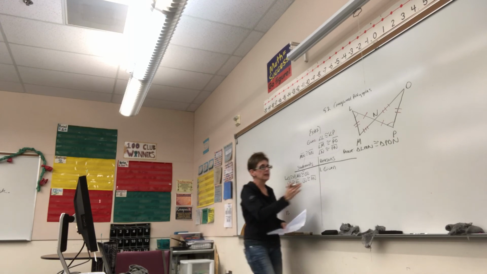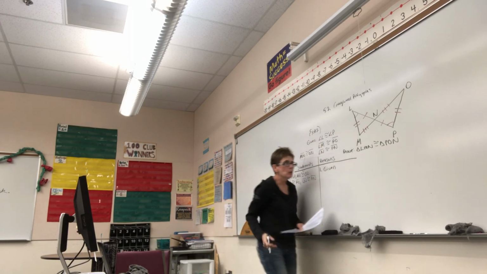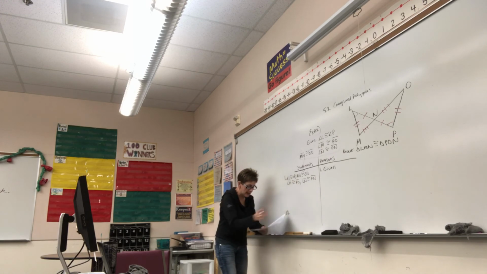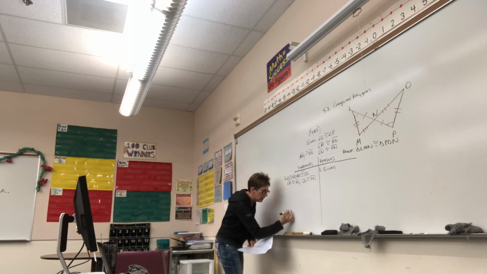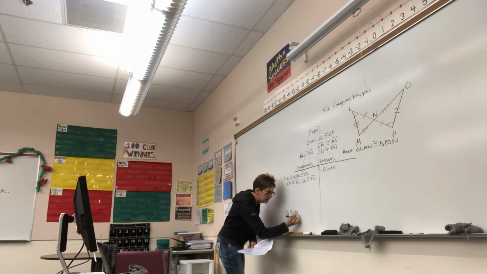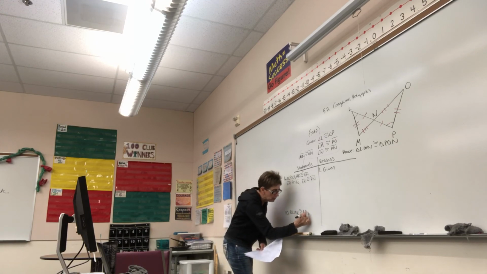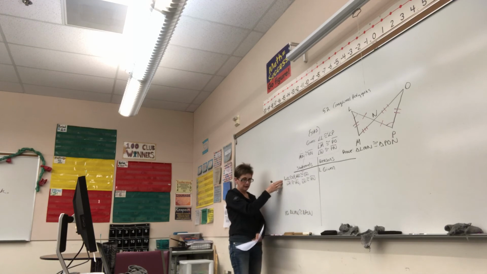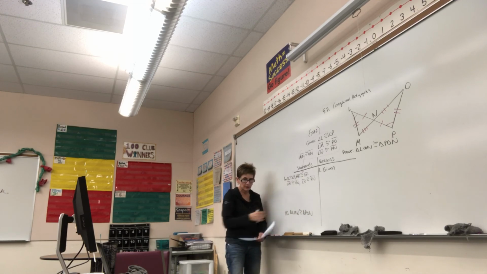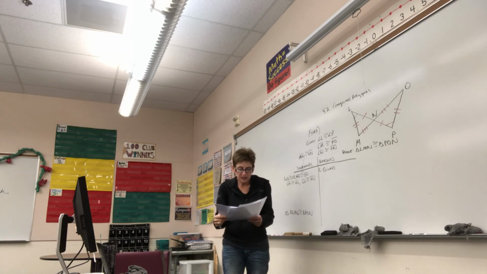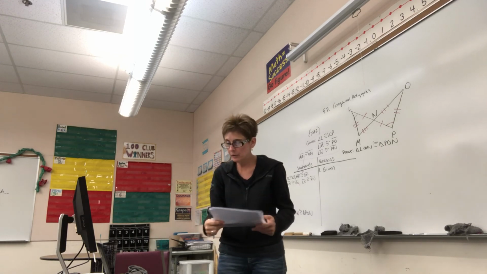Whatever it says next to the word prove, we copy down for our last statement. So triangle LMN is congruent to triangle PON. This is what we've been given. This is what we're trying to prove. We don't know how many statements we're going to need to make, so we're just putting the number 10 there, and then we can always change it later.